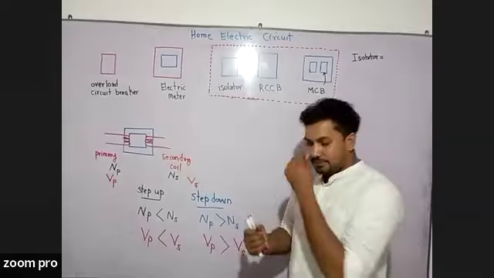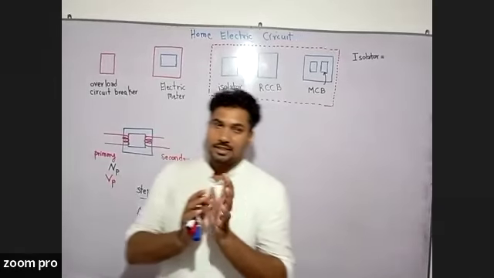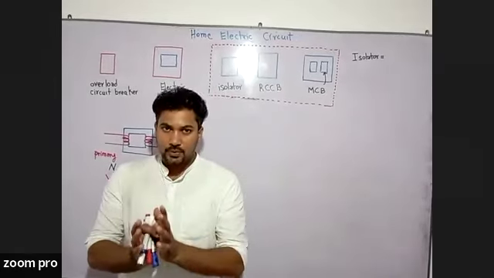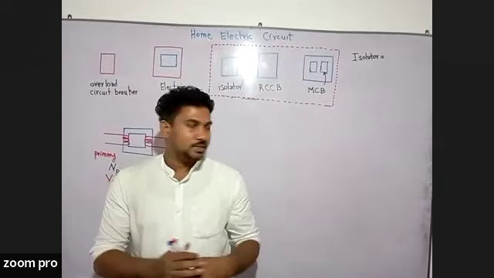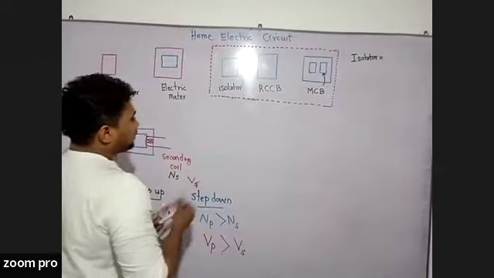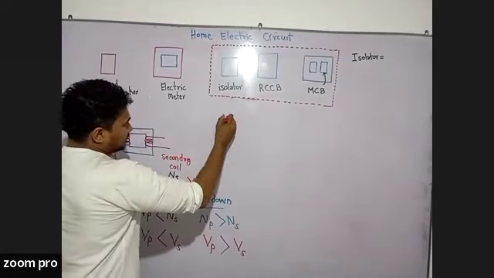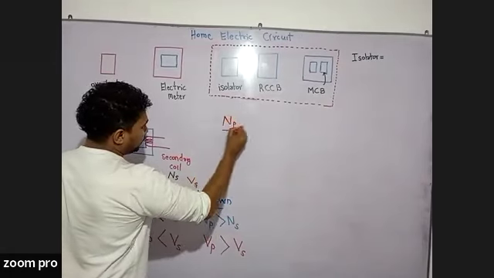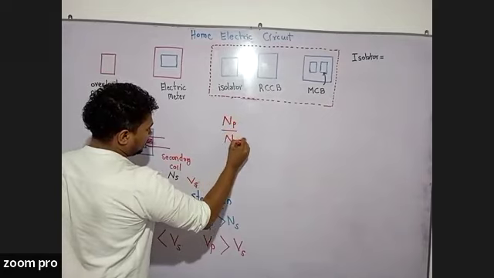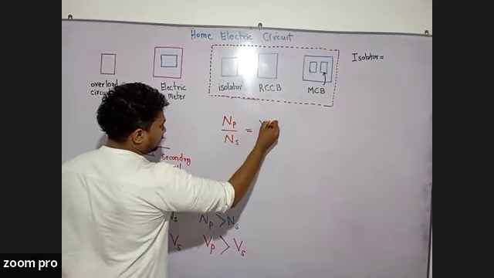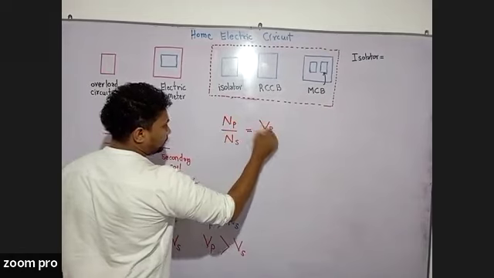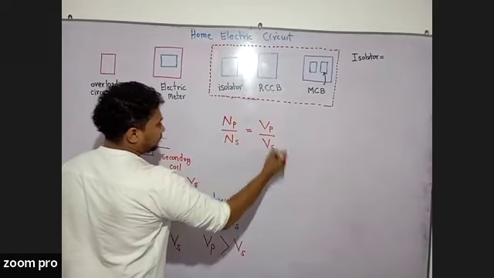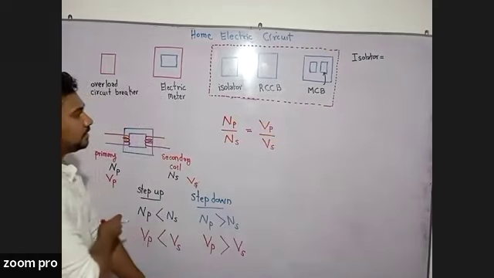Right? There are two important equations related to transformers. The first one is NP over NS equal to the ratio between VP and VS, right?